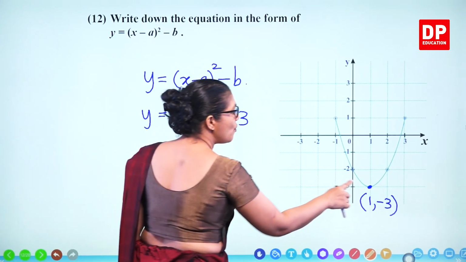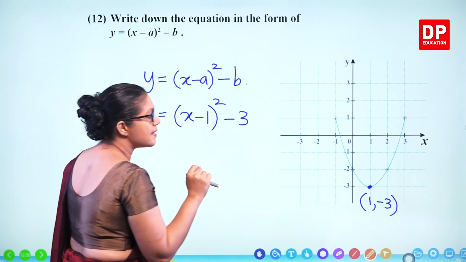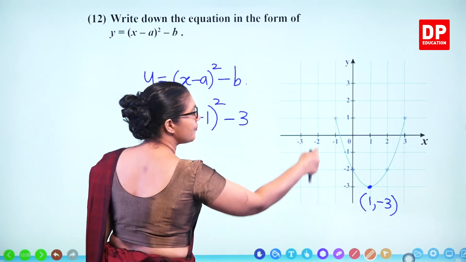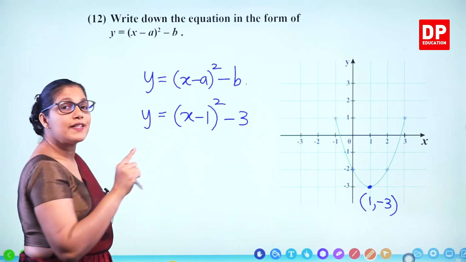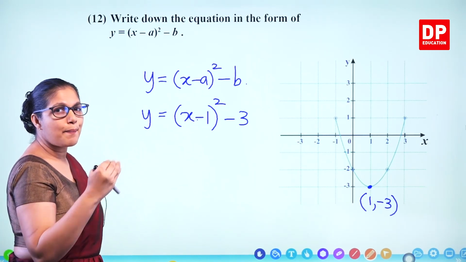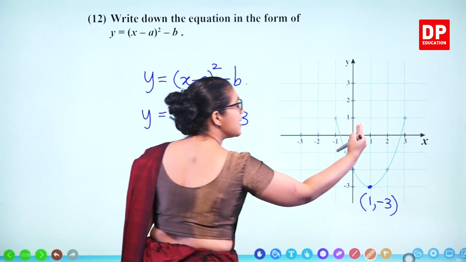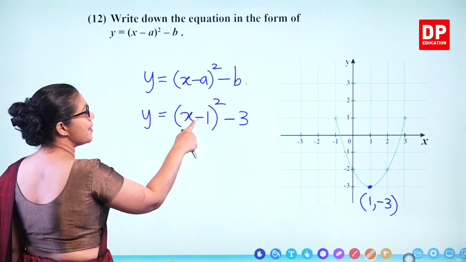Think about if you have the minimum point here with a negative x value. What should be the sign here? This sign becomes the opposite sign, plus. If the positive x value is there, you get negative 1 here.